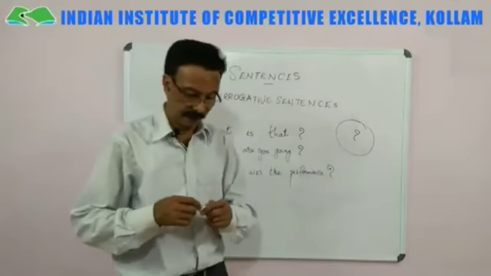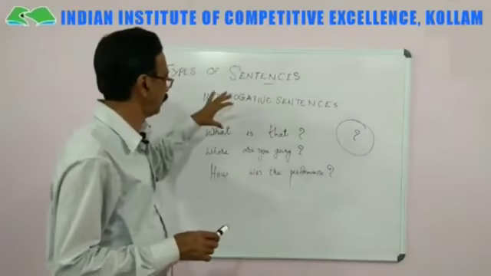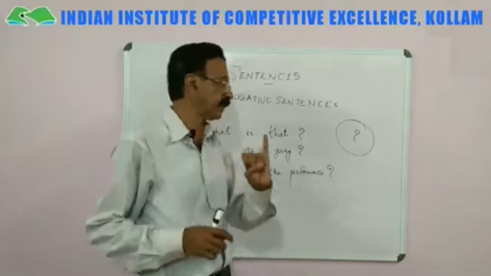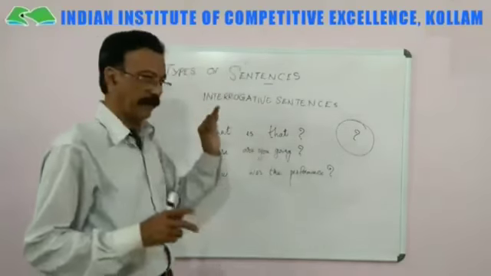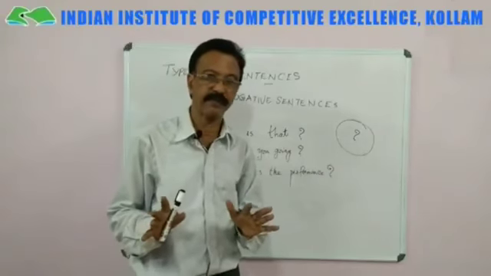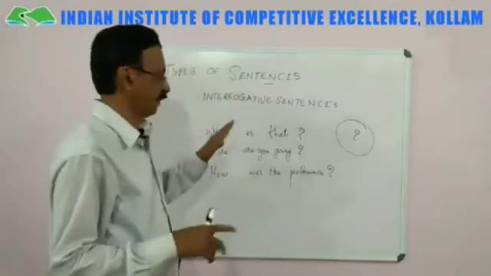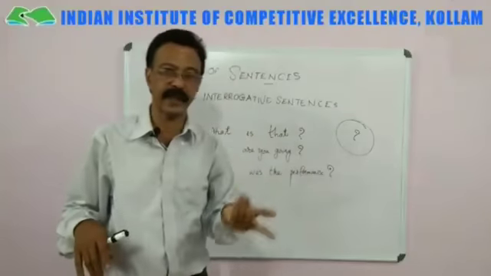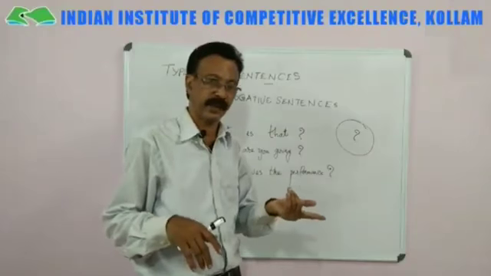Now we have seen 3 types. One is a declarative sentence or assertive sentence. Second is imperative sentence. It's a command or a request. The first one is a statement or a declaration.